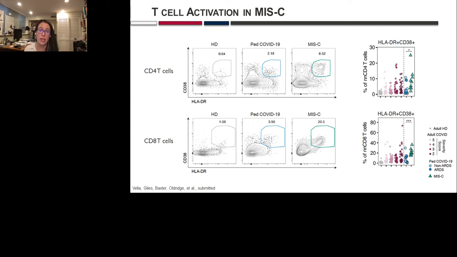This is enumerated on the right-hand side. If you look down on the bottom, specifically at the CD8 T cells, the MIS-C patients have either on par or even greater levels of CD8 T cell activation compared to the sickest adults.